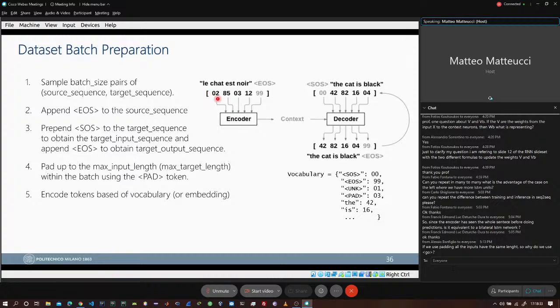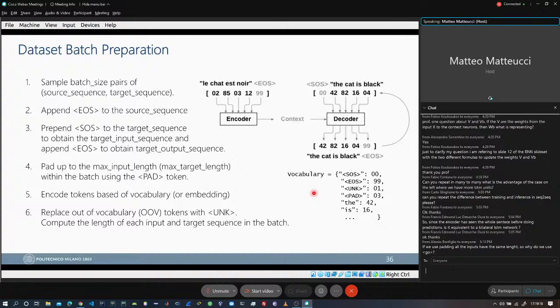You would like to turn them into numbers, or better, into vectors. One possible way is to use a vocabulary, and then use a vector which is as long as the vocabulary with only one number, which is 1, where the word is present, or we use an embedding technique. The remaining part of today's lecture, after I'm done with the sequence-to-sequence model, will be about how to generate word embeddings. So this will become totally clear in an hour or two.